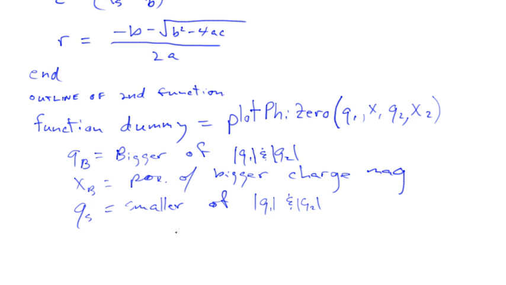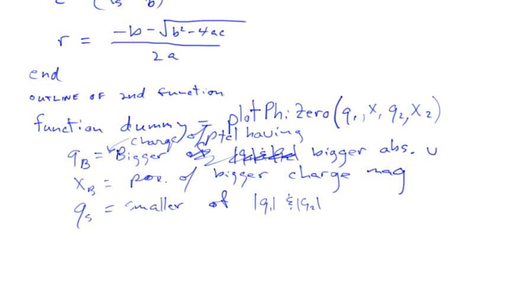So I should maybe say it's a charge of particle having a bigger absolute value. The way I had it before, somebody reading it might think that QB was an absolute value.